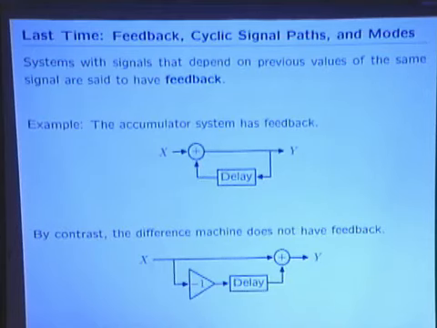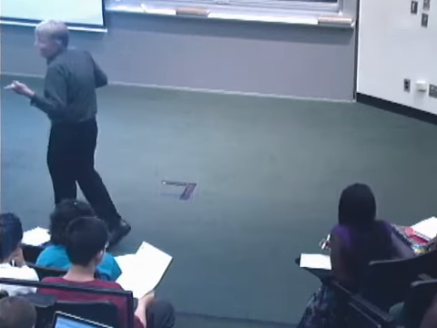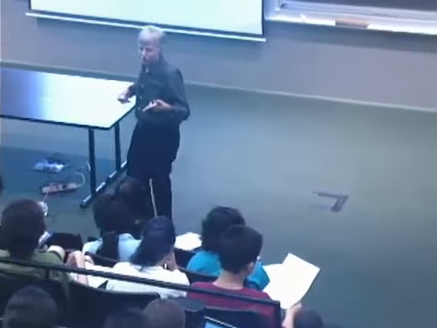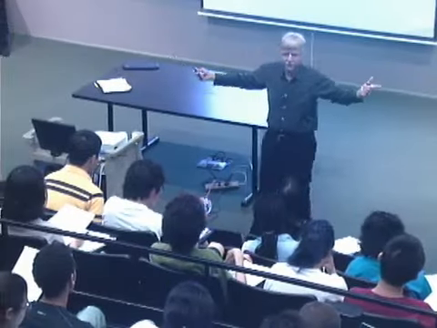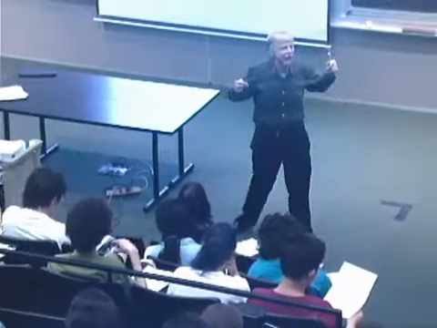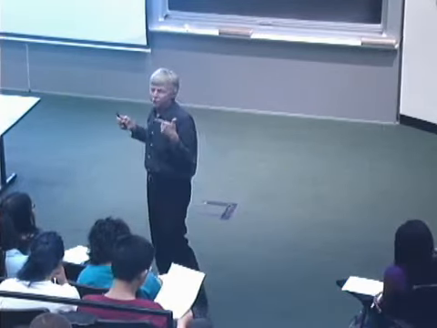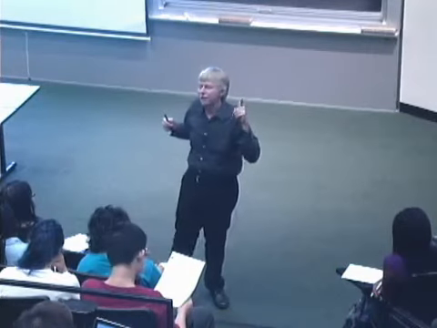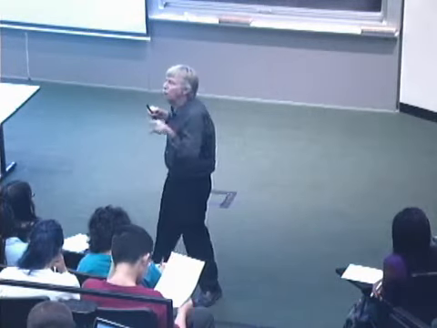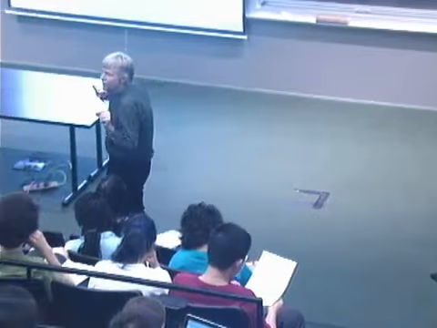And the distinguishing feature that makes that behavior occur is feedback. When you have feedback, for some signal in this system, we would say the system has feedback if there is some signal somewhere whose output at time n depends on the output of that same signal at a previous time.